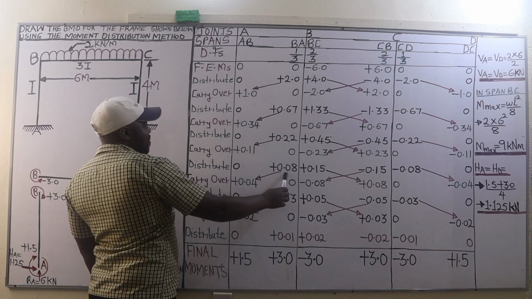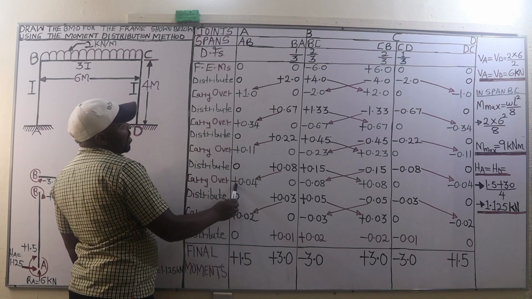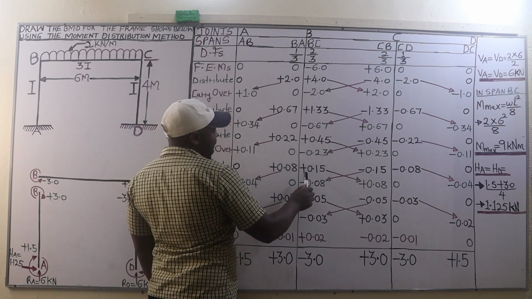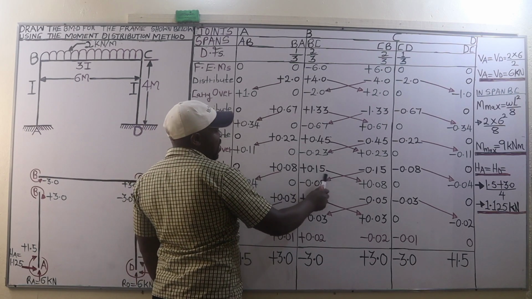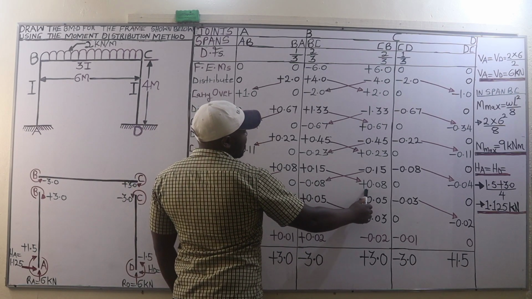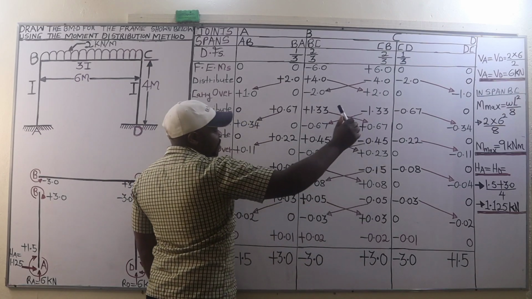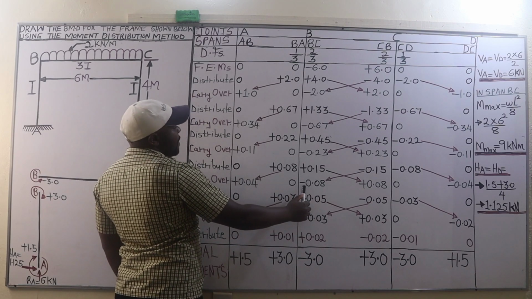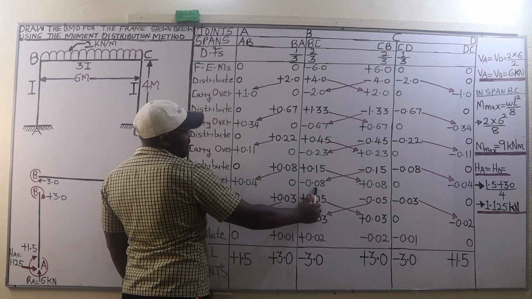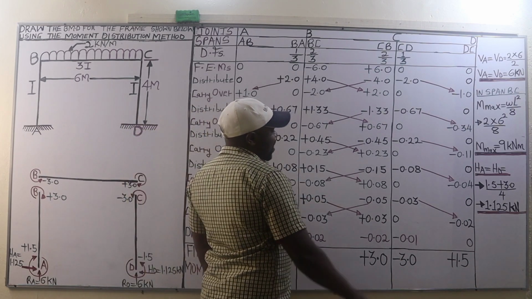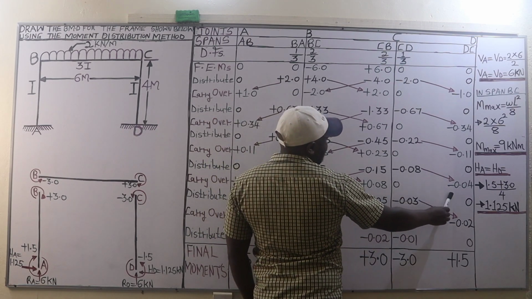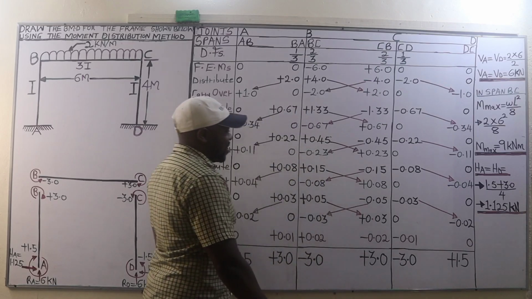Carry over half of 0.08 to joint A, that's going to be +0.04. Carry over half of 0.15 from B to C, that's going to be +0.08. Carry over half of -0.15 to joint B, that's going to be -0.08. Then carry over half of -0.08 to joint D, that's going to be -0.04.